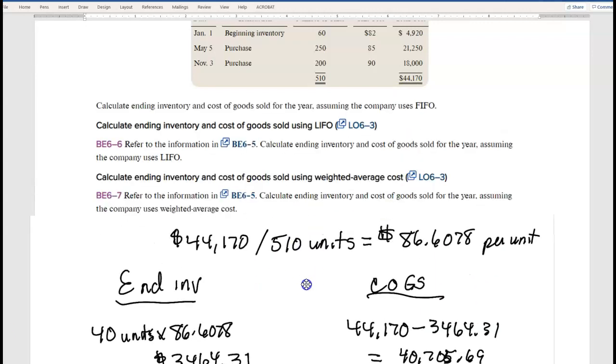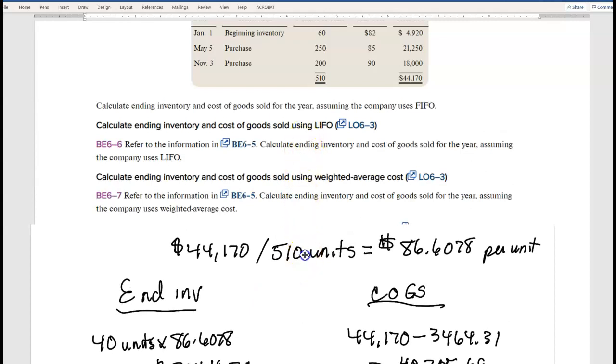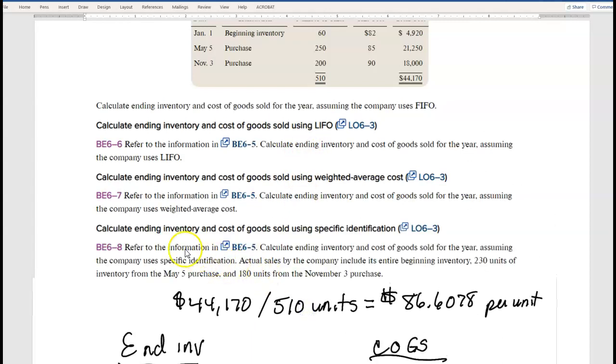One more, and that's BE 6-8. We're asked to calculate ending inventory and cost of goods sold, assuming the company uses specific identification. So if you take the number of units that were sold, which is 470, so 230 units plus 180 units, it literally tells you which ones were sold.